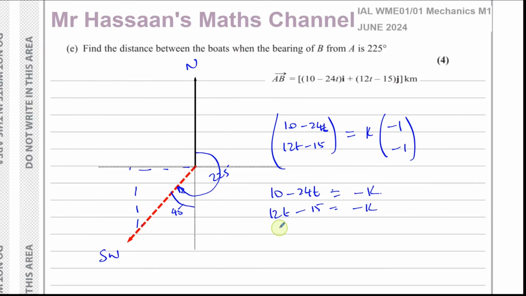So if I subtract these two equations, I'm going to have 12 minus 24, which is 36t, minus 15 minus 10, which is minus 25, is equal to 0. So t is going to be 25 over 36, and that is in hours.